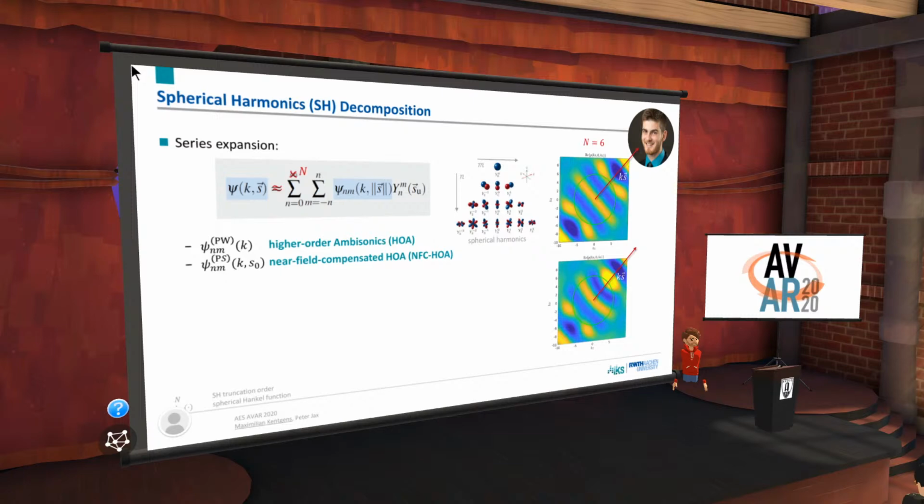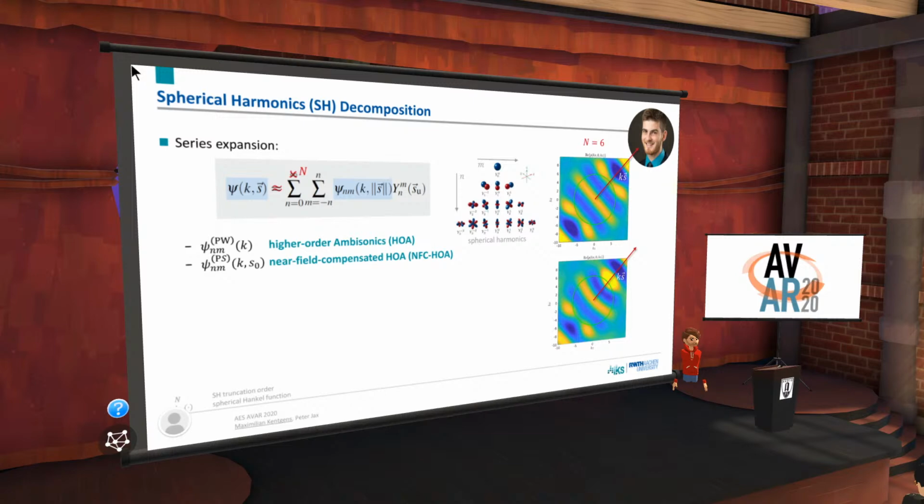Note that we're considering normalized distances, so it's k times s, which means for a truncation order of N equal to 6, we would have 1.3 meter diameter of sweet spot at 500 hertz. But if we go to 5 kilohertz, it would be only 13 centimeters.